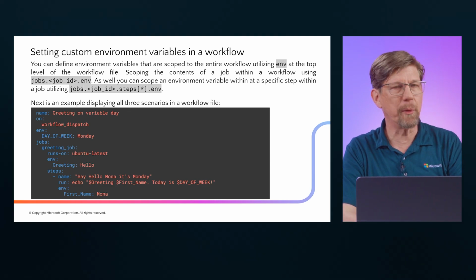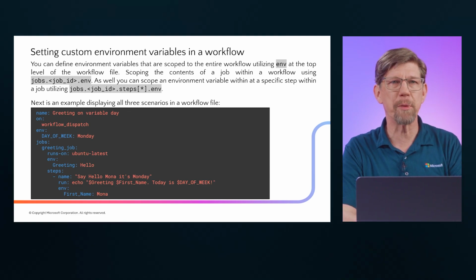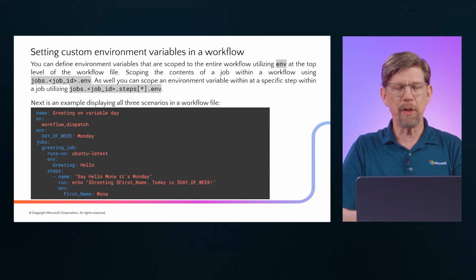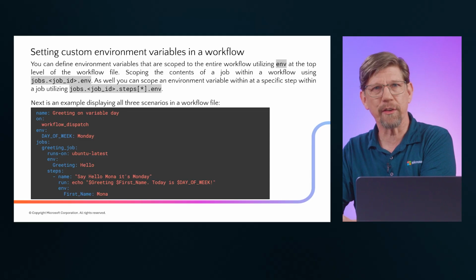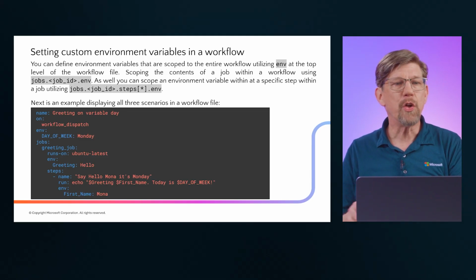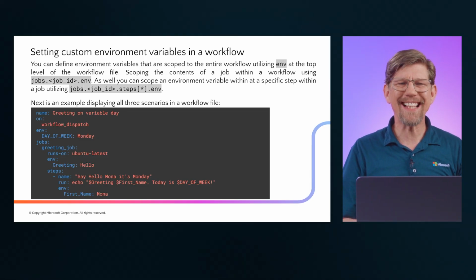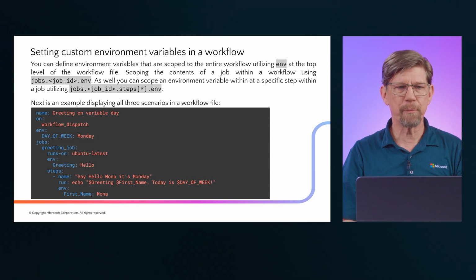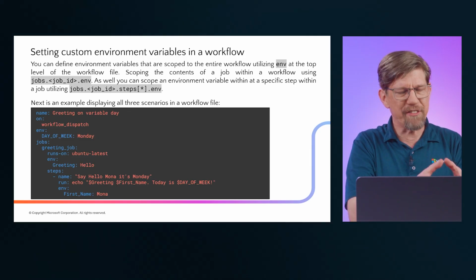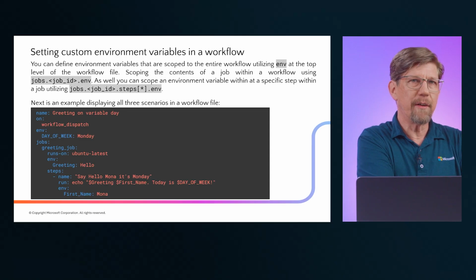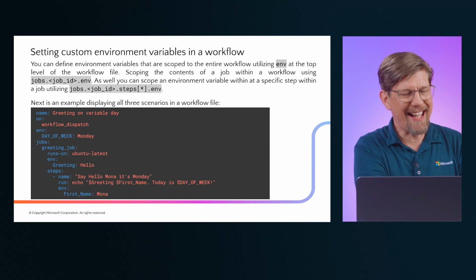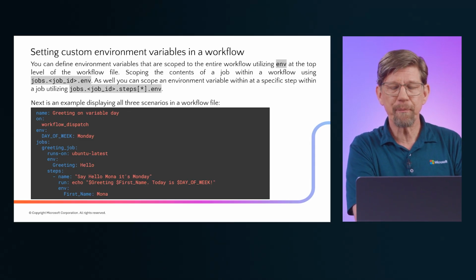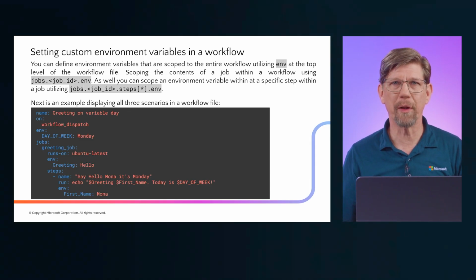The GitHub runners will use the idea of environment variables as a mechanism to pass data into the current action that's running. You have an opportunity to place this at a number of different levels. So you can place a variable at the workflow level. You can place one at the job level or at the individual action.